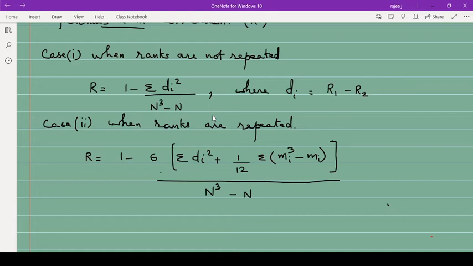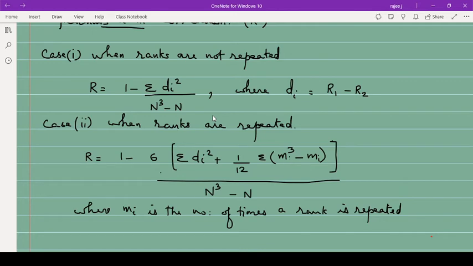So I'll write here, where mi is the number of times a rank is repeated. So how many times a rank is repeating, that is this.